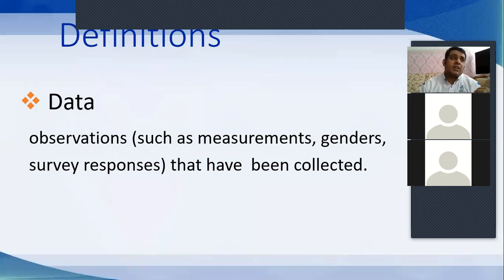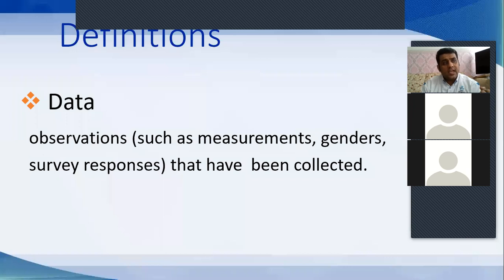Whatever the raw component, whatever the outcome from that research, is data. If our research is questionnaire or survey based, we hand over the questionnaire to the participant first. The participant gives their response back to us.